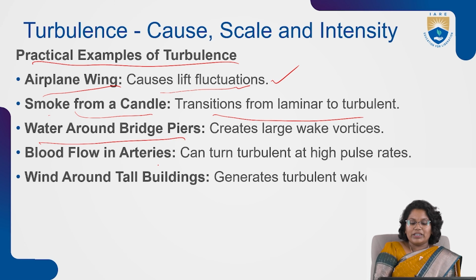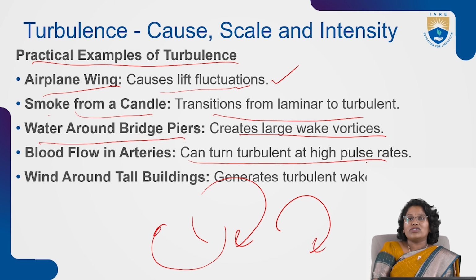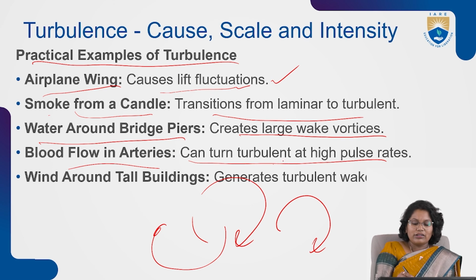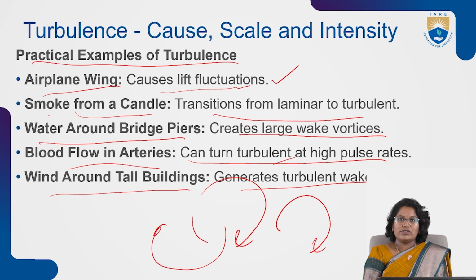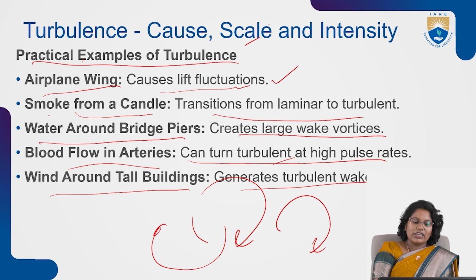Water around a bridge pier creates large wake vortices. Blood flow in arteries can turn turbulent at high pulse rate. Wind around tall buildings generates turbulent wake zones. These are all practical examples of turbulence.